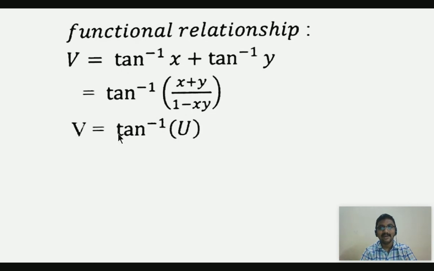So we have v is tan inverse u. It is the relationship between u and v. The relation is v is tan inverse u, or this can also be written as u equal to tan v. Don't forget, functional dependence means the Jacobian's value is 0. Whenever the functions are functionally dependent, there exists a relation between u and v.